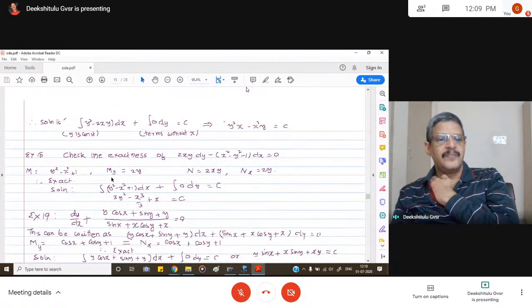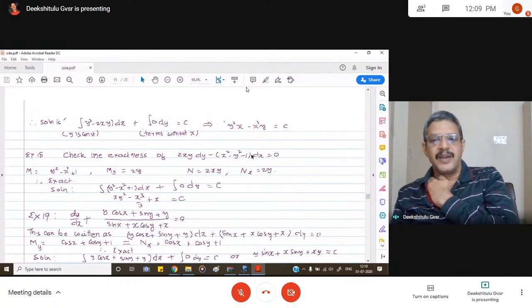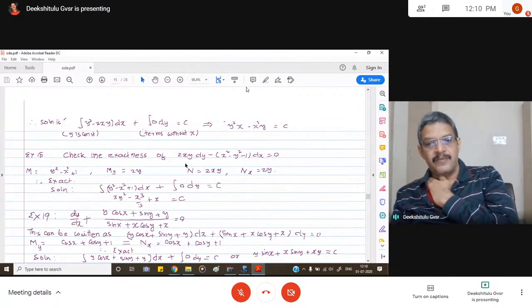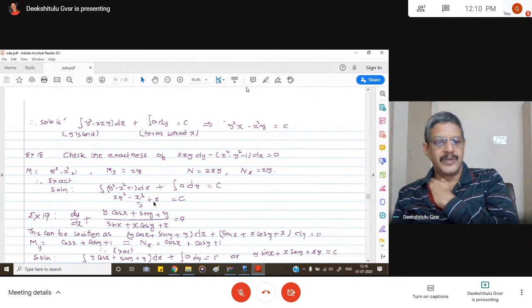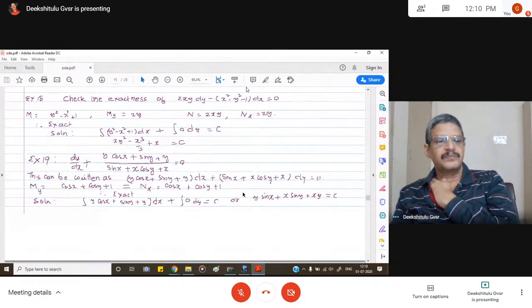So the solution is the integral of terms of M, assuming y as constant, y square minus x square plus 1, plus the integral of terms independent of x. Here again, what is N? 2xy. Is there anything independent of x? No. So 0. So the integral of this M with respect to x, that is the solution.